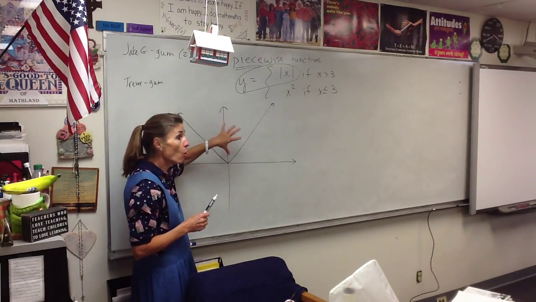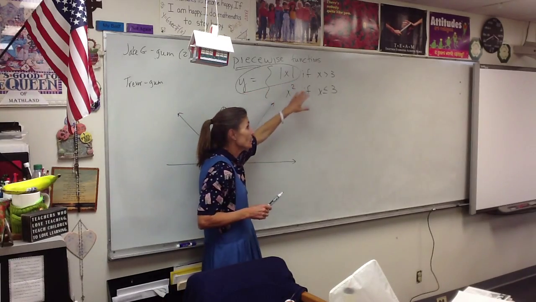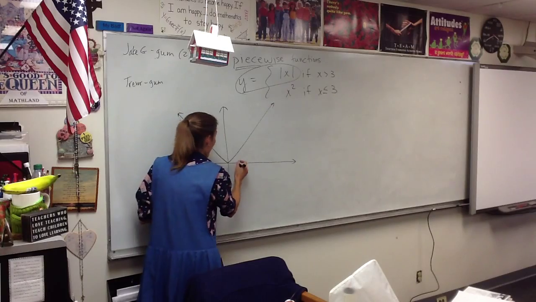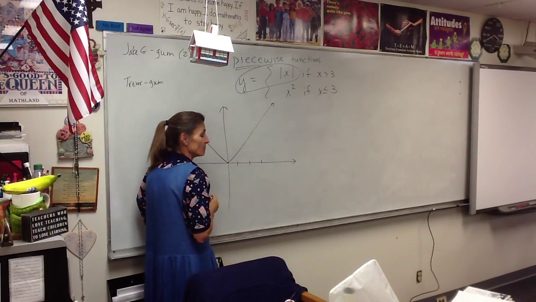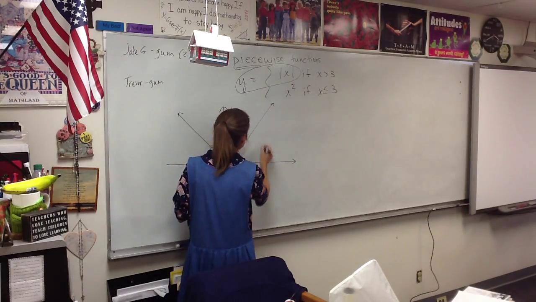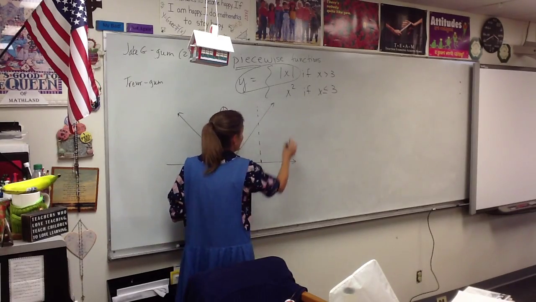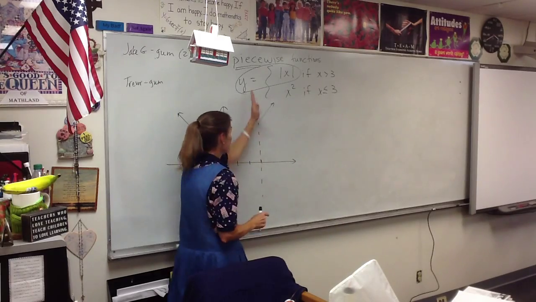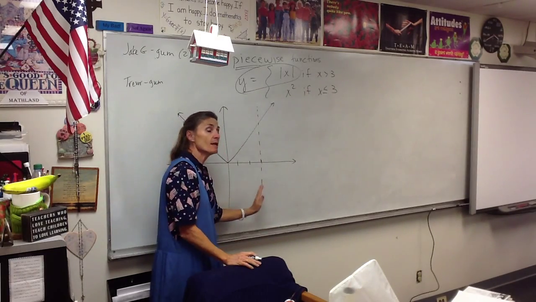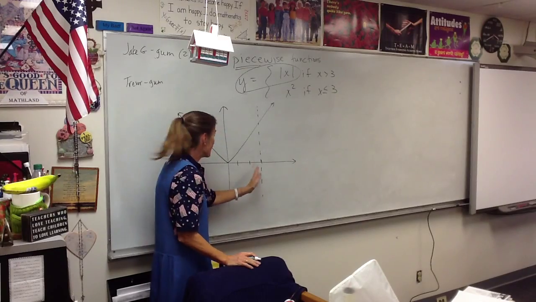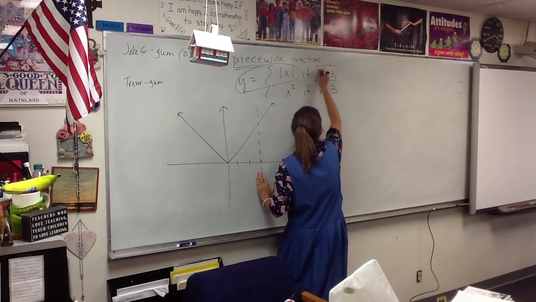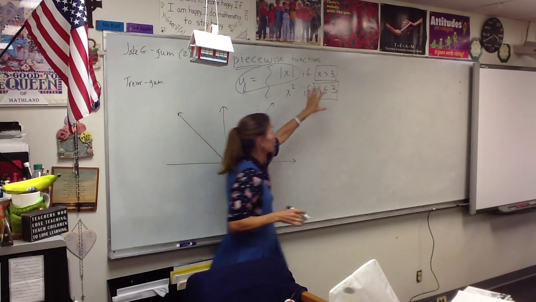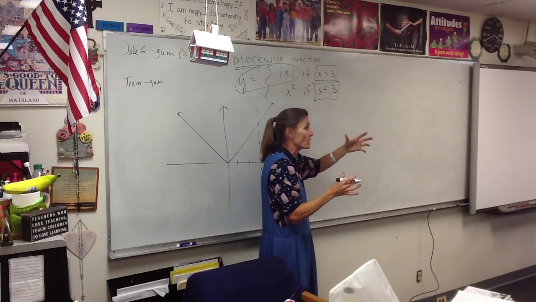This is the whole V, but I only want a piece of the V. I want the piece of the V that happens greater than or to the right of this line. Now, this line is not an asymptote. This line is there because if I look at my problem, the pieces are determined at 3. 3 is the break point.